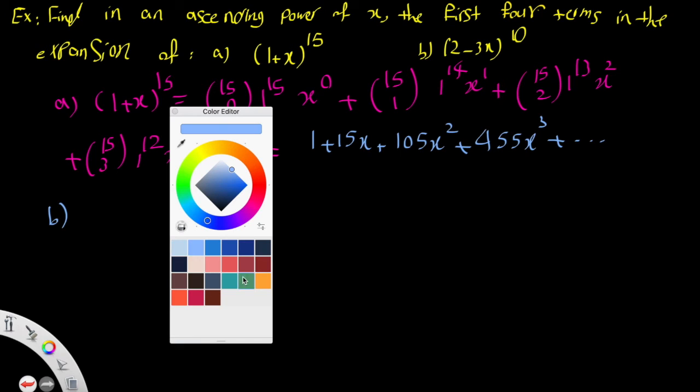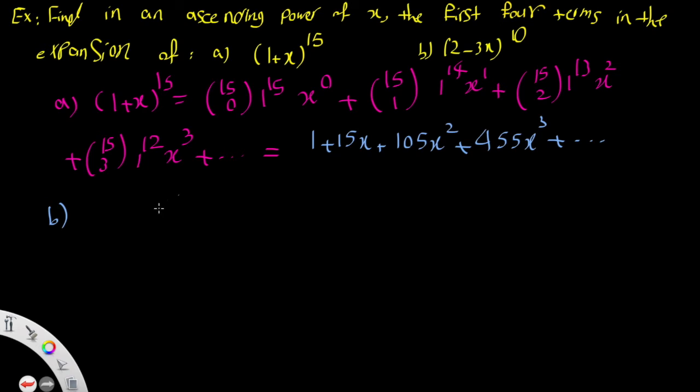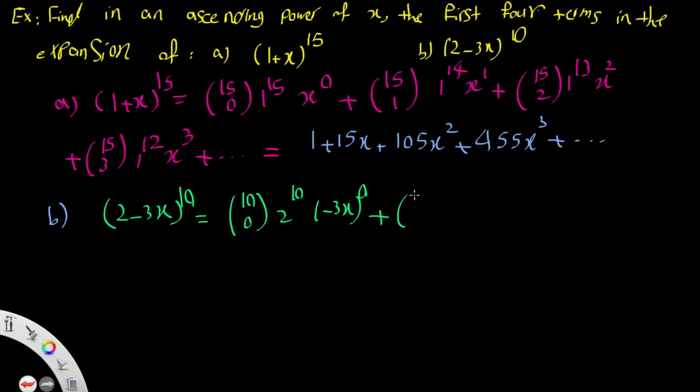Now for the second part, (2 − 3x)^10. Again, combination of 10, 0, 2 to the power of 10, (−3x) to the power of 0, plus combination of 10, 1, 2 to the power of 9. You know, 10 is written in descending order and the second factor in ascending order, but they add up to 10.